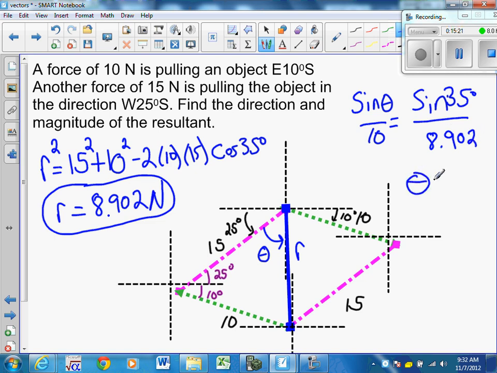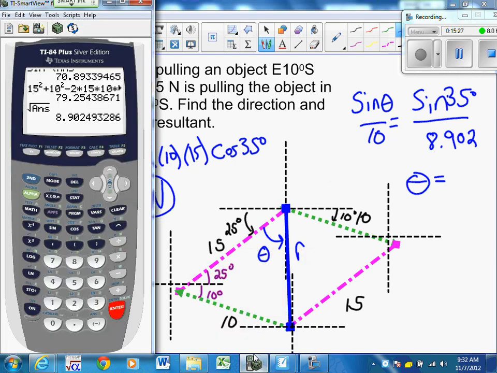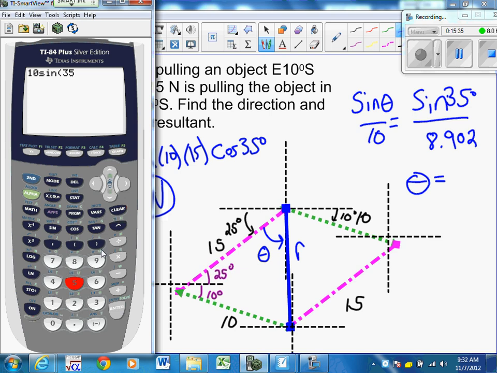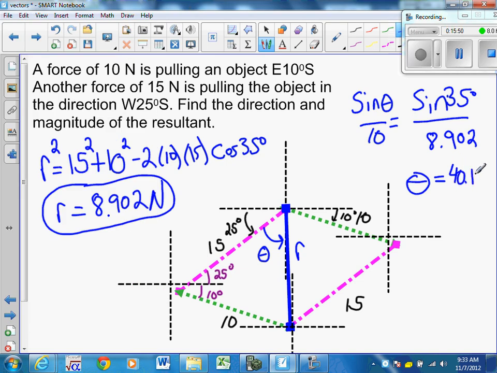So let's find what theta is. That gives me 10 sine of 35 divided by 8.902. I'm trying to find an angle, so I do inverse sine of my answer, and I get 40.115.